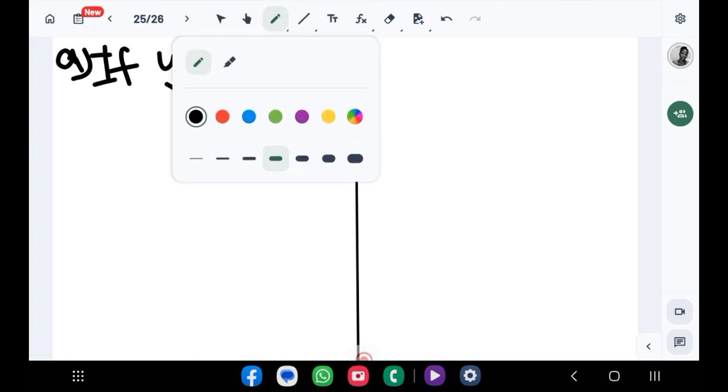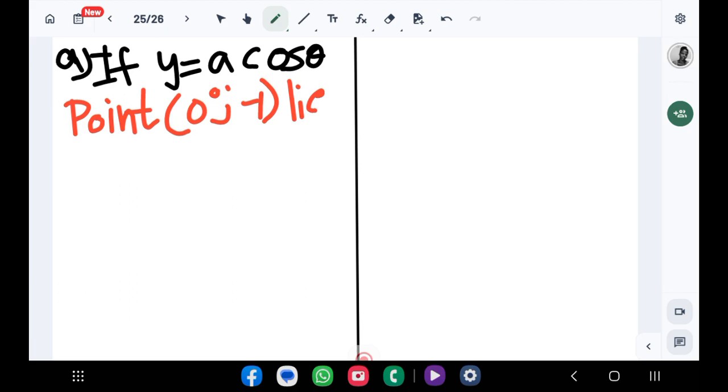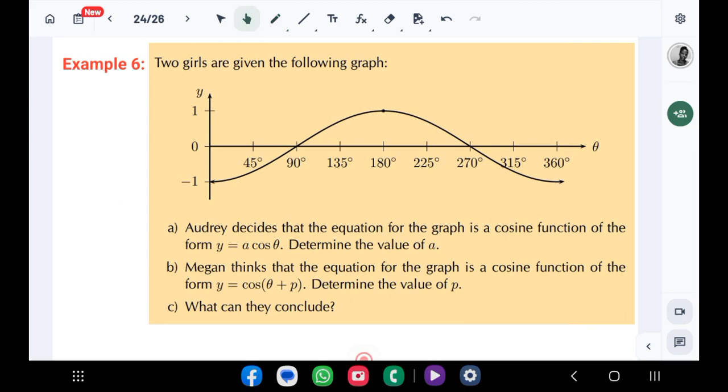This point, 0 degrees and negative 1, lies on y. That's the point, right at the beginning: 0 degrees and negative 1.